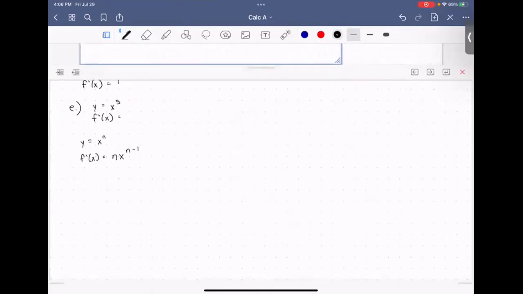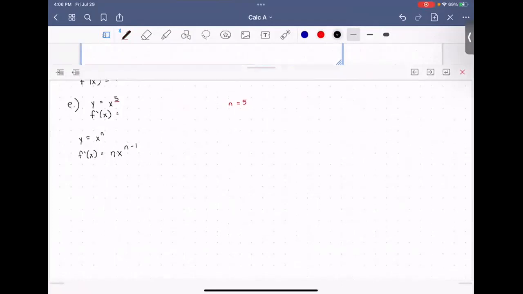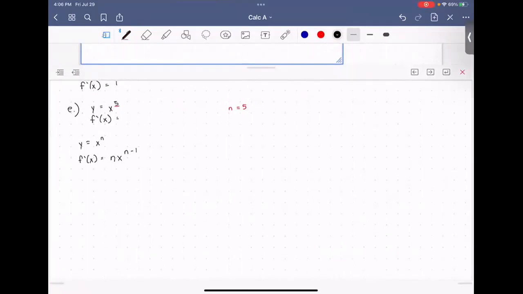Okay, so in this problem, let's set n equal to 5 because that is the constant that is up on our power. So if we were going to write out this formula in terms of n equals 5, we would get 5x to the 5 minus 1.